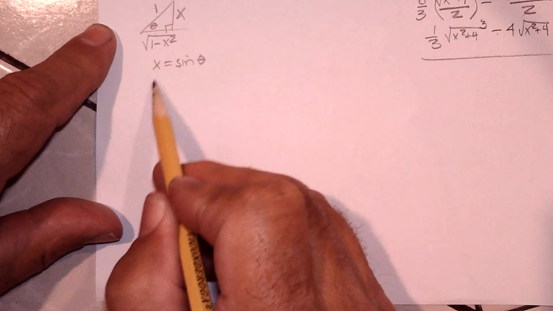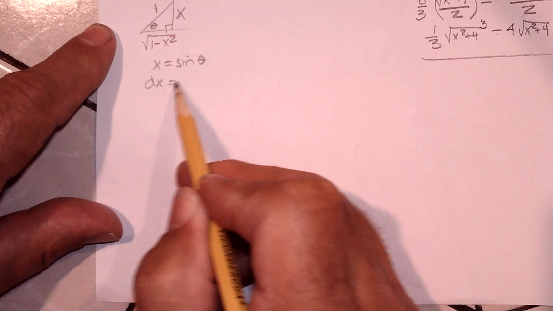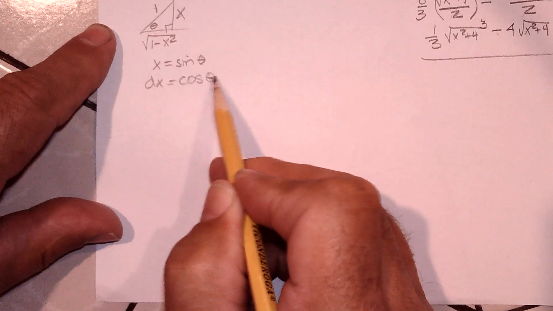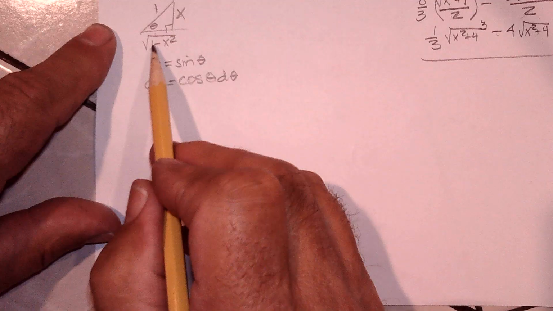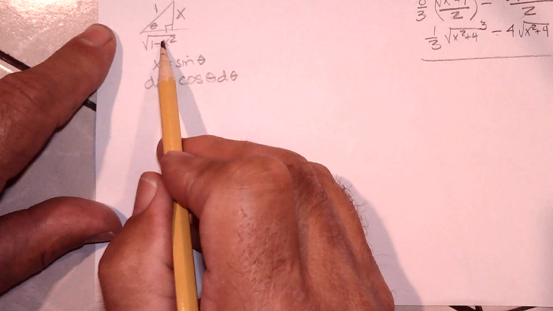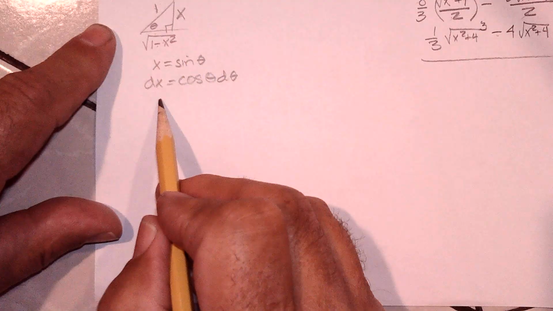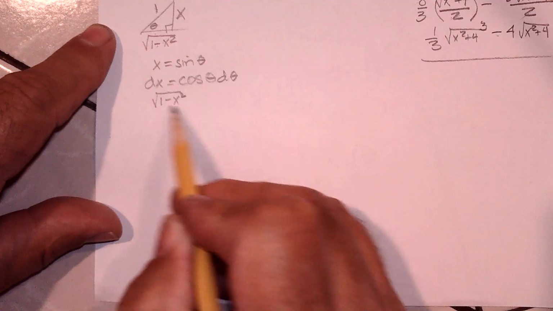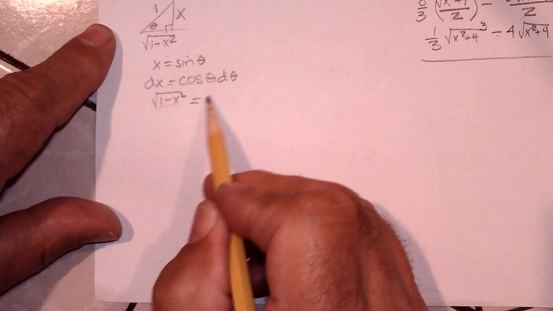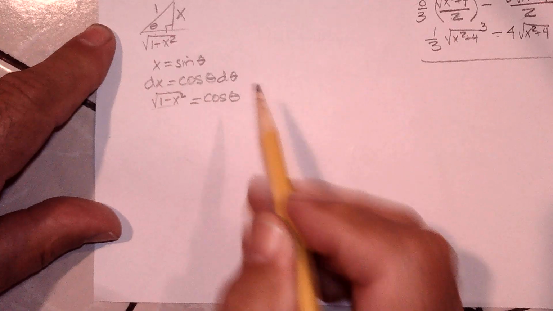So taking the derivative, I get dx is cosine theta d theta. And then solving for the mess, I guess I'll put this over that, which is cosine theta. Square root of 1 minus x squared over 1 is cosine theta.